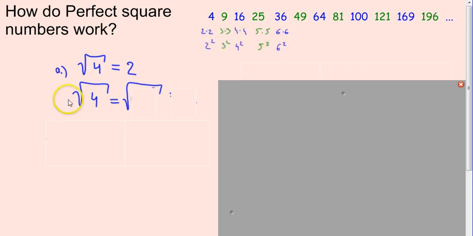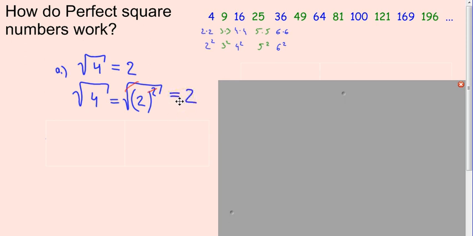I'm going to copy the square root sign, but rewrite 4 as a 2 to the second power. That is so that I now can point out that we have two opposite operations, raising something to the second power and taking a square root. Since they are opposite operations, they cancel each other, and the result becomes 2.